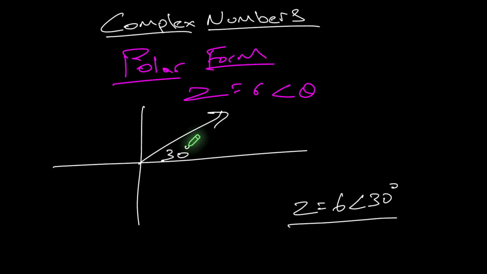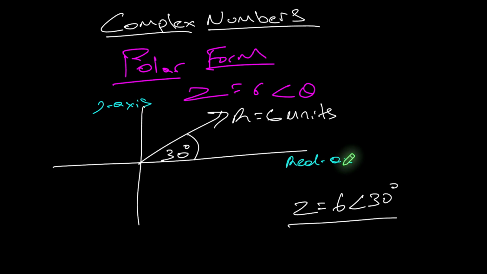So our 30 degrees would be found right there, and our 6 would be r equals 6 for our resultant. And you would typically get some units, so I'll just put 6 units there. Depending on the principle, you'll get whatever the unit is. And of course, our axes will be labeled just the same as before. So this would still be the vertical axis as our j axis, and our horizontal axis as our real axis.